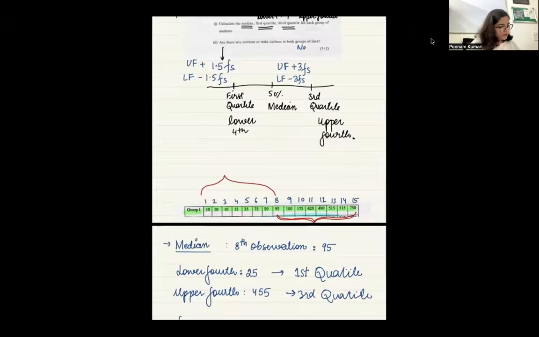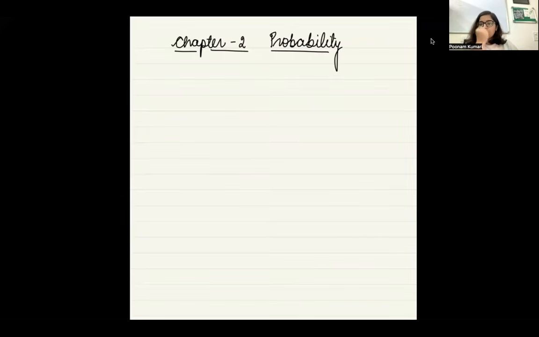All right. So first of all, why do we need to understand probability?